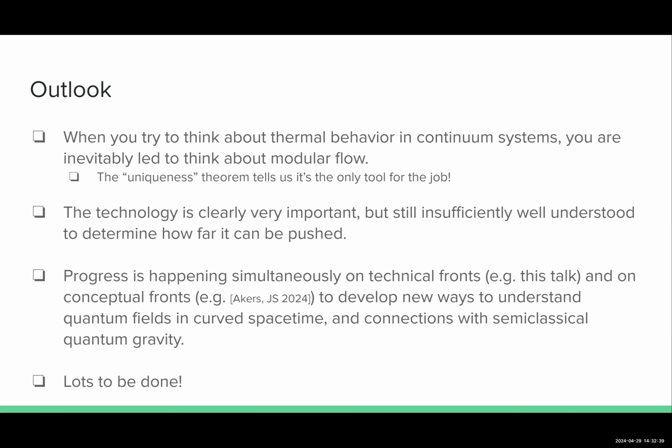You really have very, very little available to you. You have a lot of tools available for studying interacting theory in spacetimes with symmetries, because you can go to Euclidean signature where things make sense at the level of the path integral. It's very hard to make this work in a Lorentzian spacetime with no symmetries. And I do think that free field theory has to be our guide there.